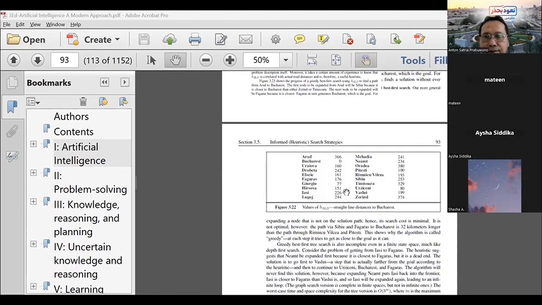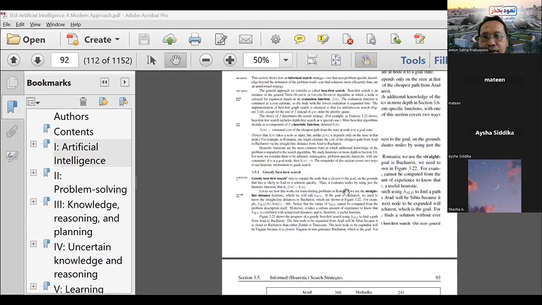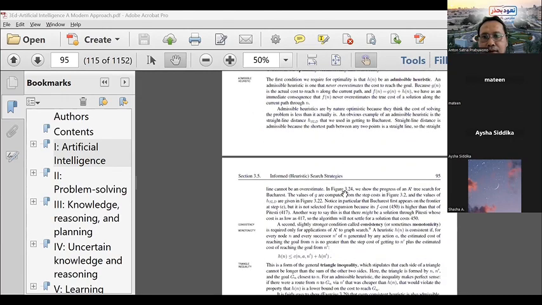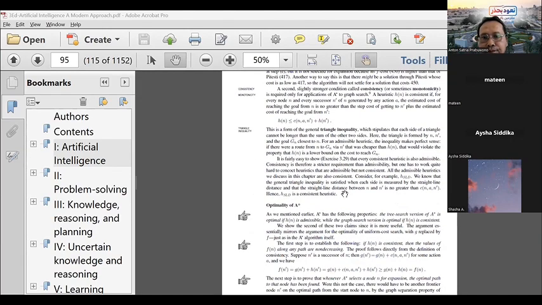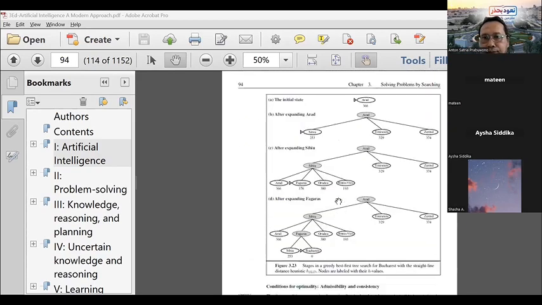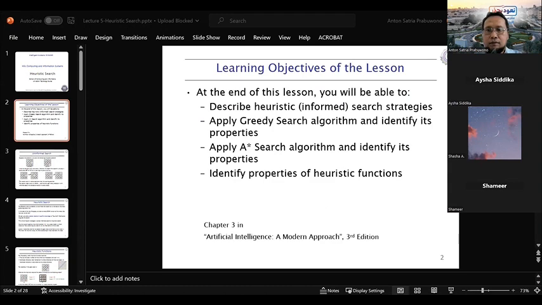A star, and then the other one is greedy. All right.